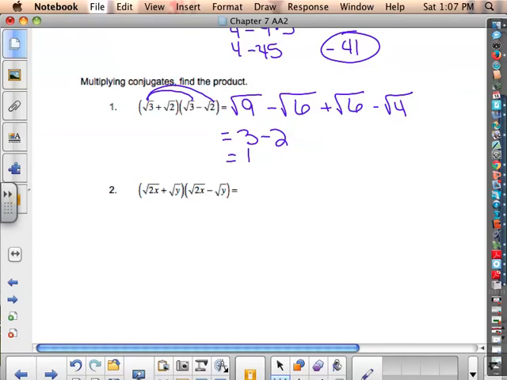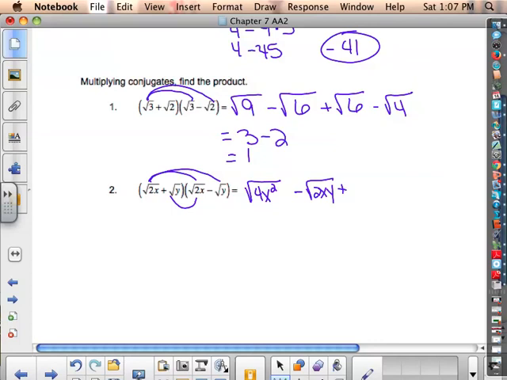And the last problem for the notes is this: the square root of 2x plus the square root of y. Again, FOIL, so the first is going to give you the square root of 4x squared. Then outer is going to give you minus the square root of 2xy.